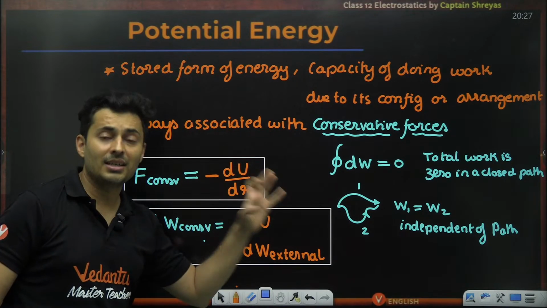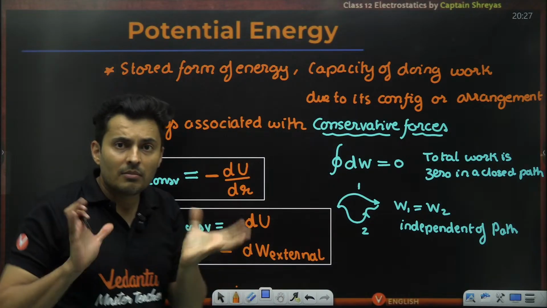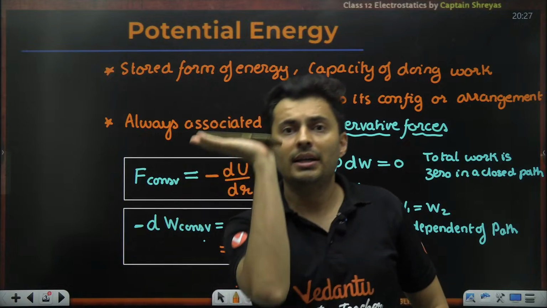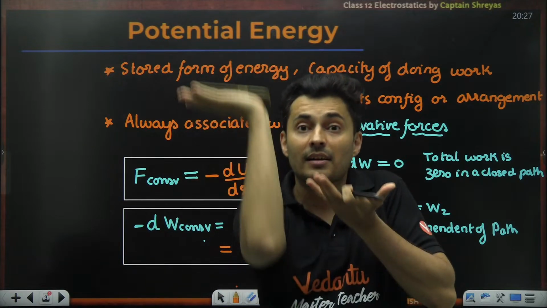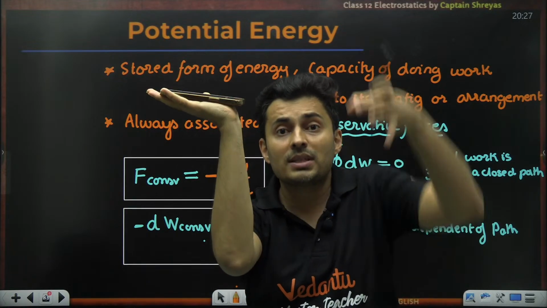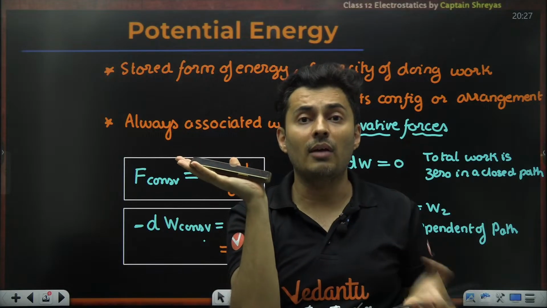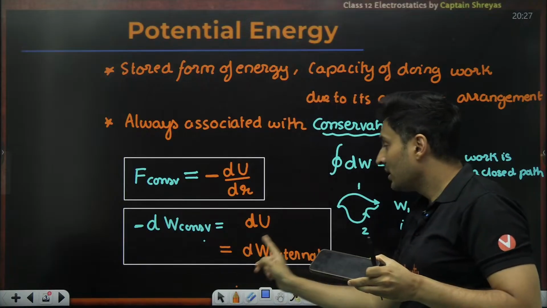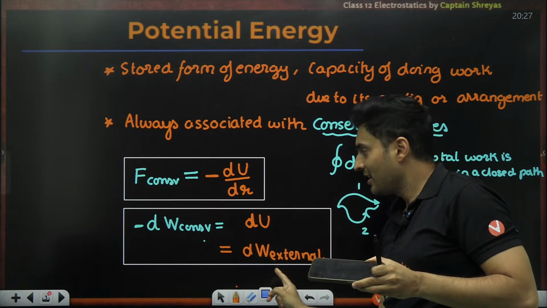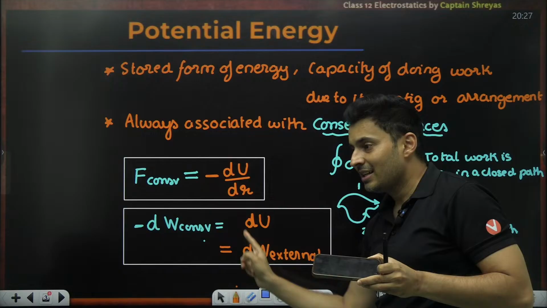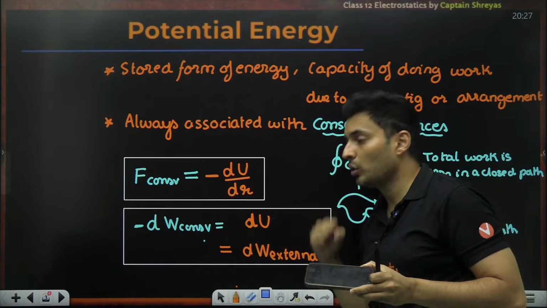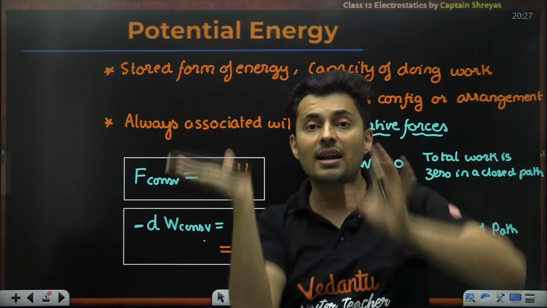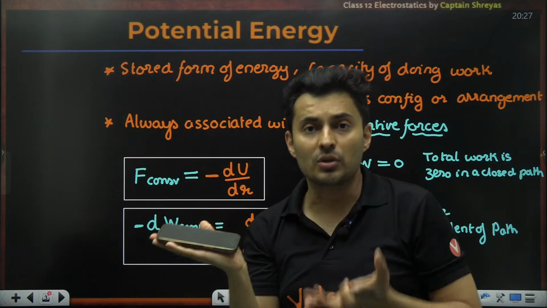If the external force does 10 joules of work, imagine I was lifting my phone and I do 10 joules of work, I am external. That 10 joules will go sit inside the gravitational potential energy. All that work goes into potential energy. So the increase in the gravitational potential energy would be 10 joules.